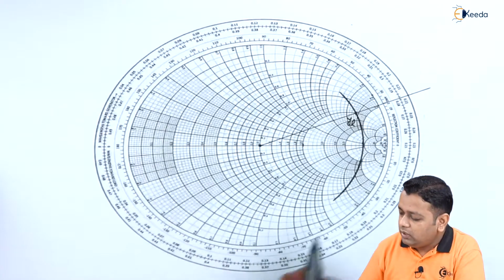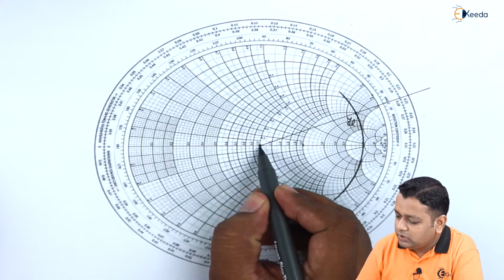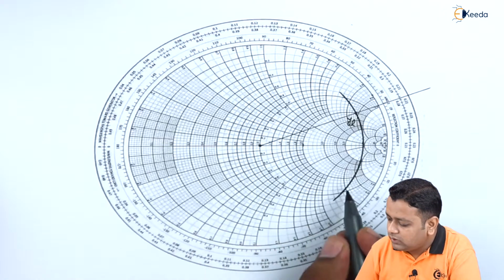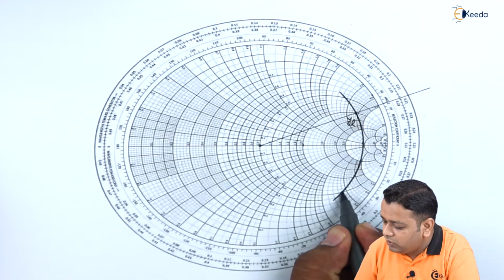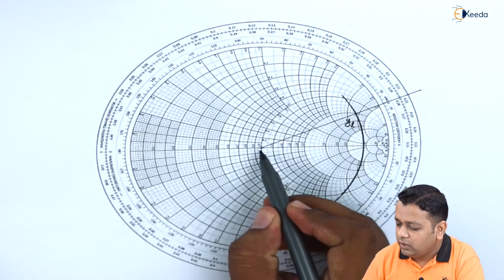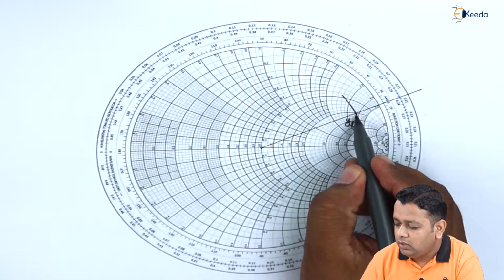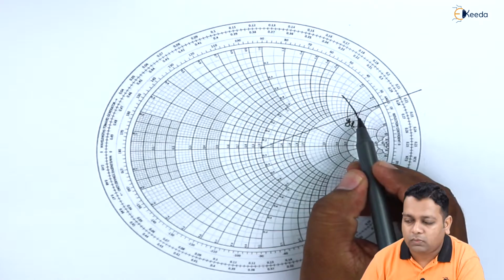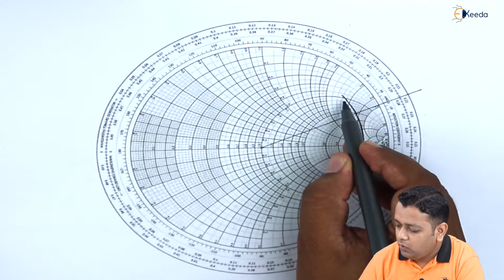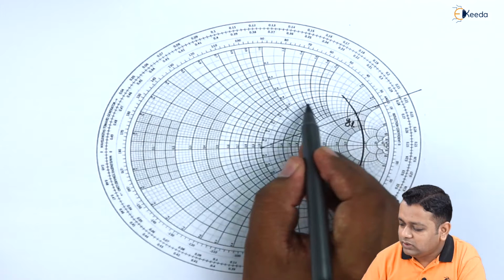When we see the intersection on the lower half side, here it is the r equal to one circle that is coming onto the lower half side like this. This is the intersection point here. So in this step, we have taken the radius centered at 1.0 up to the normalized load admittance that we marked earlier as YL, and we have got this circle to intersect the unity resistance circle.